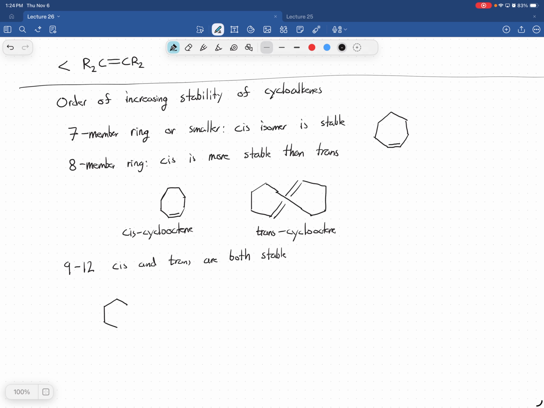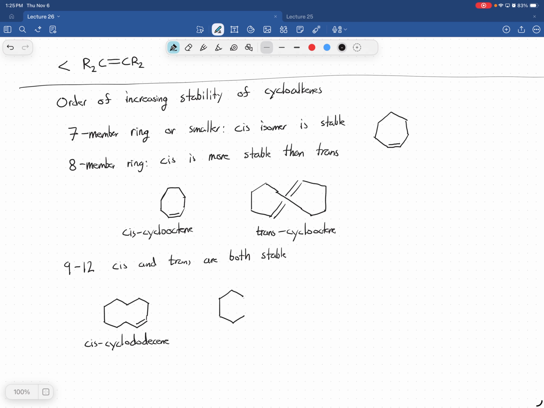So here, we're going to draw a few rings. So here is cis cyclododecene. Sorry, cyclodecene, not dodecene. Well, no, it is dodecene. All right, so that's the cis one. Then you have the trans one.